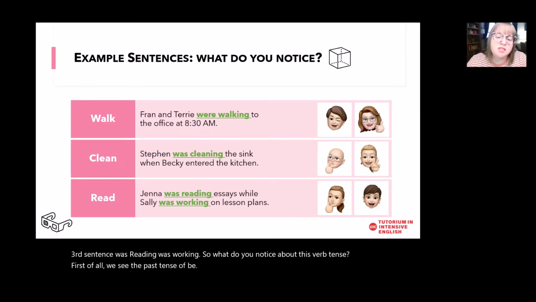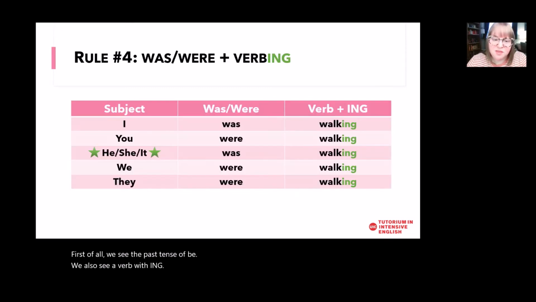We also see a verb with ing. So our rule number 4 is you choose either was or were, and then you add your verb plus ing. So we have to pay attention to our subject.